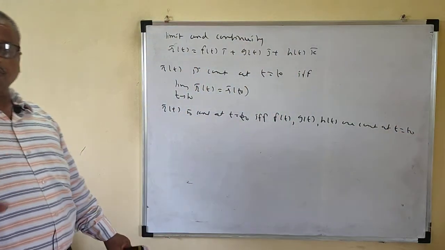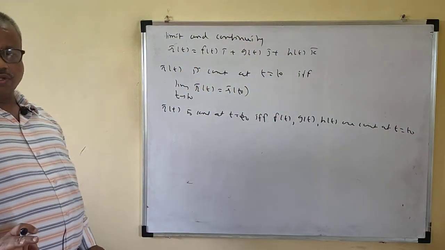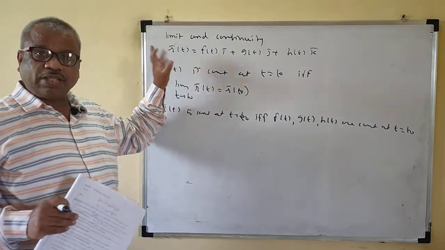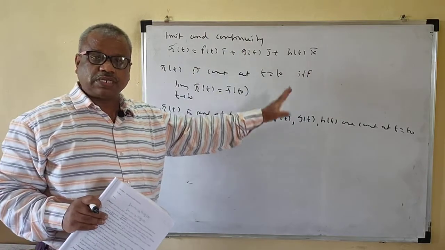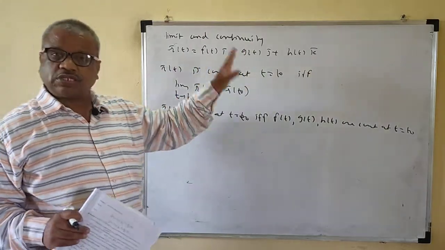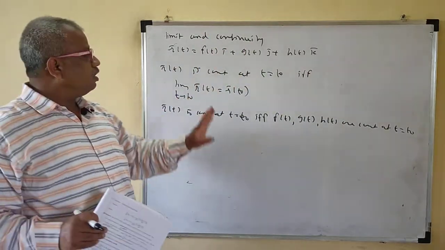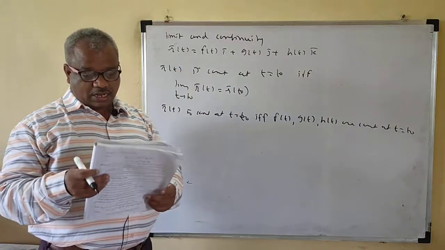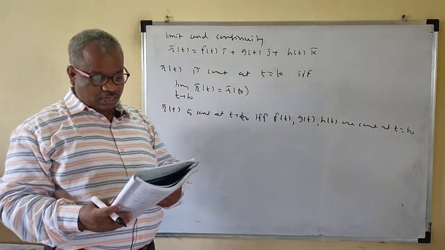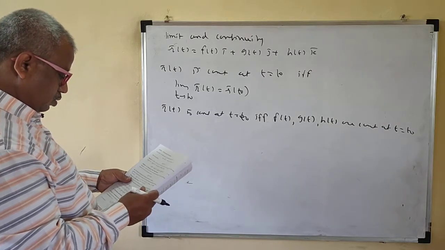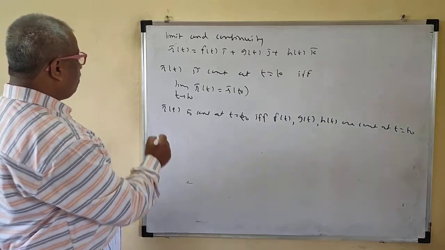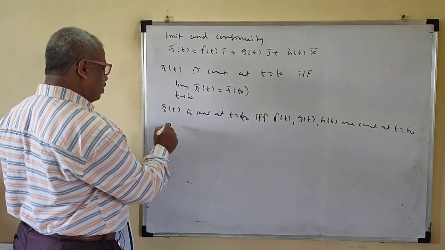That means each component is continuous at t naught. So your vector valued function is continuous at t naught means all the components are continuous at t naught, which means your r bar of t is continuous at t is equal to t naught. You have to remember this also.